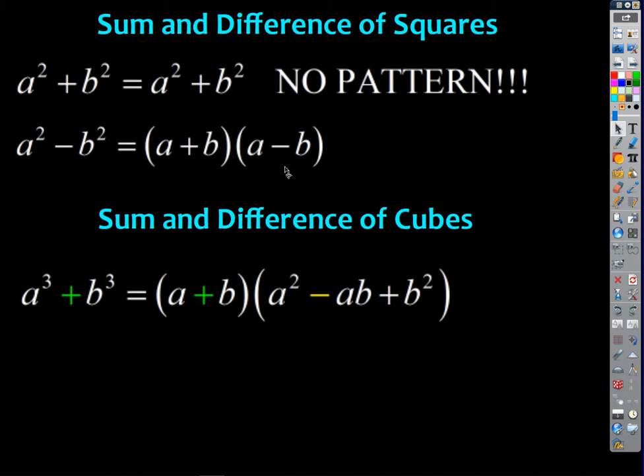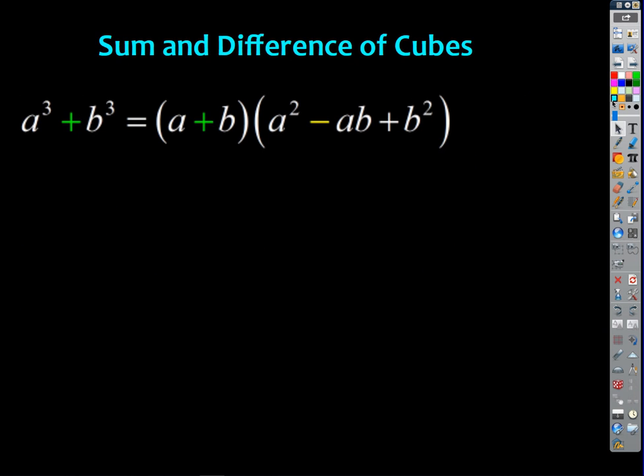When I say a sum of squares, I mean something squared plus something squared. It's not going to be an a and a b. It's probably going to look more like, oh, something like this. What if we had something like x squared plus 25? Can we factor that?